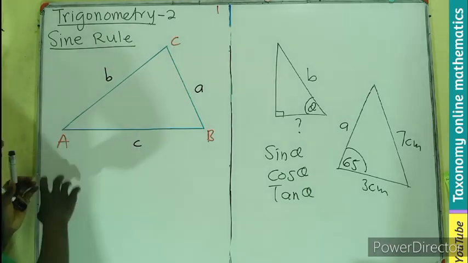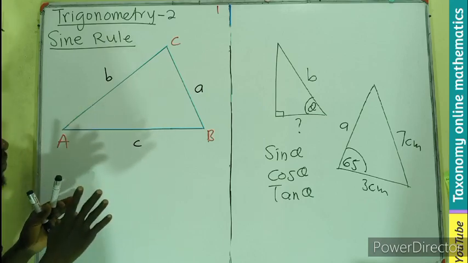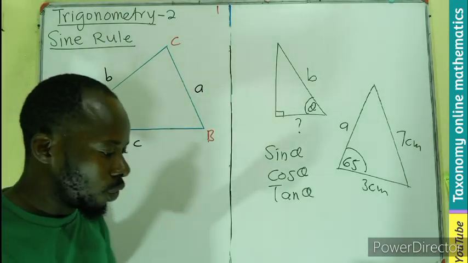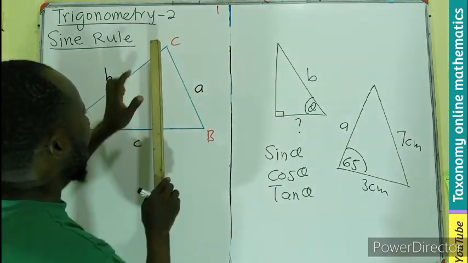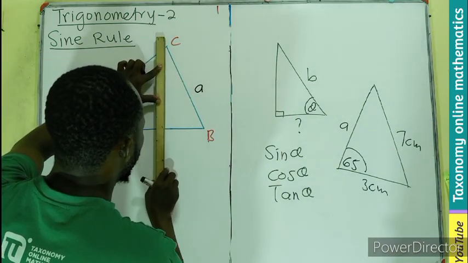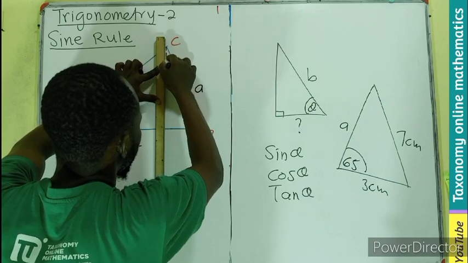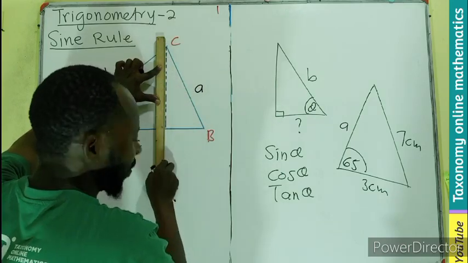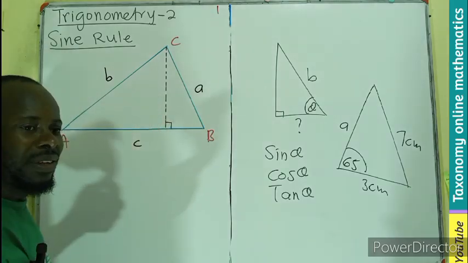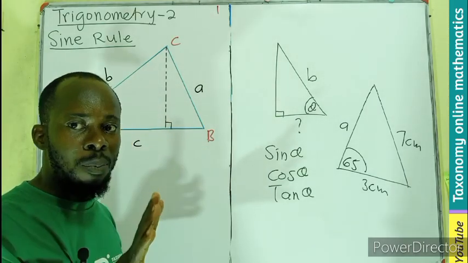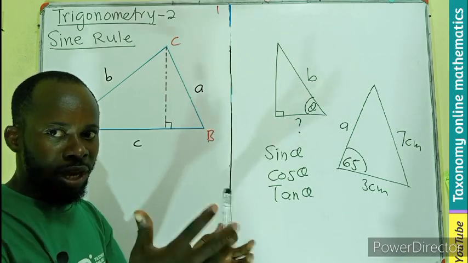Now, when I am asked to find any of the sides, it will be difficult to do. So let's introduce a height, or a line which will be perpendicular to the base. If this line is perpendicular to the base, it divides the triangle into two parts, not equal.